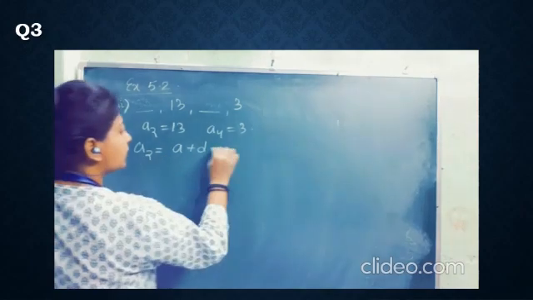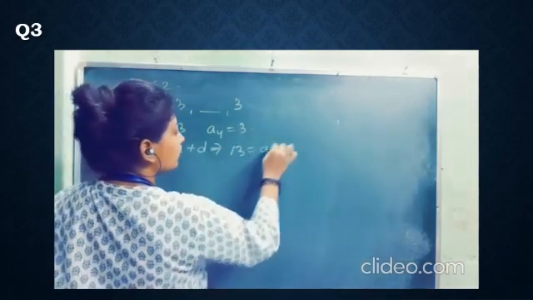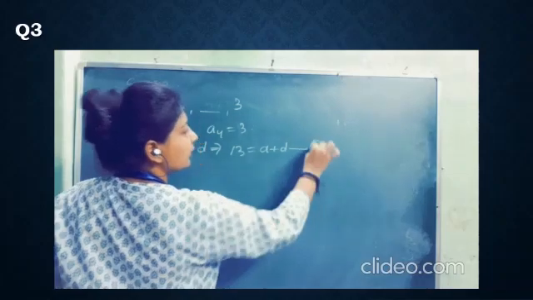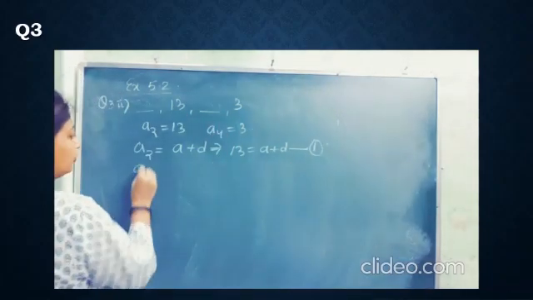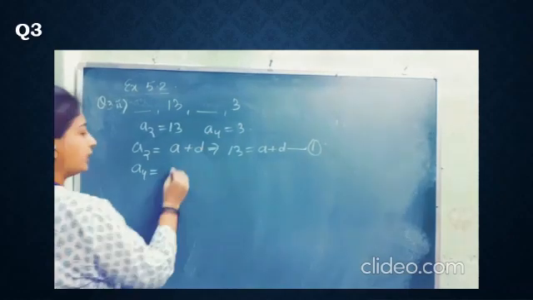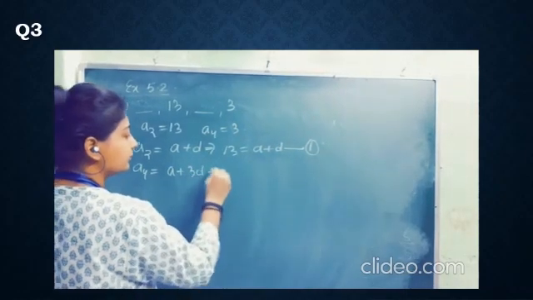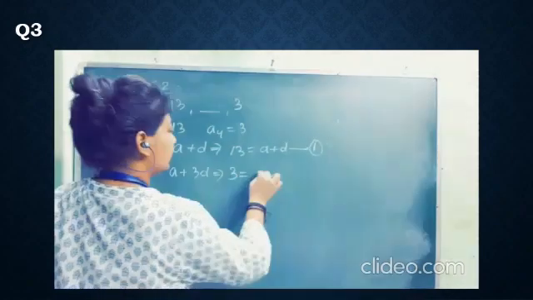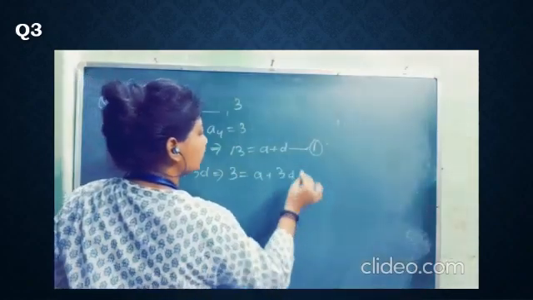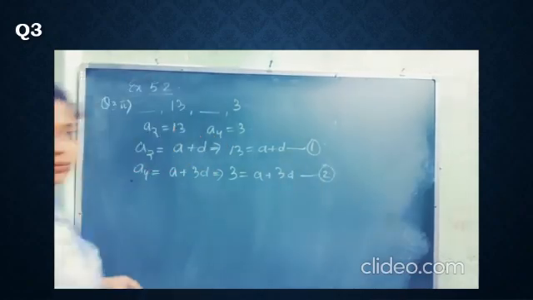This becomes 13 equals a plus d, equation number 1. In place of a4, I can write 3 equals a plus 3d. This is equation number 2.